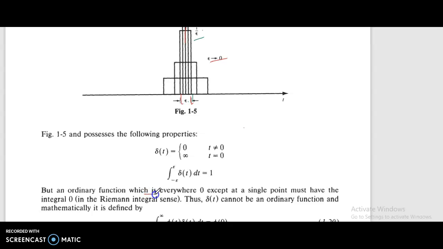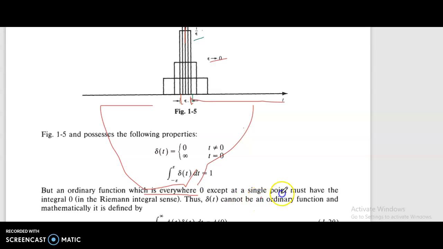An ordinary function which is everywhere 0 except at a single point has integral 0 in the Riemann integral sense.